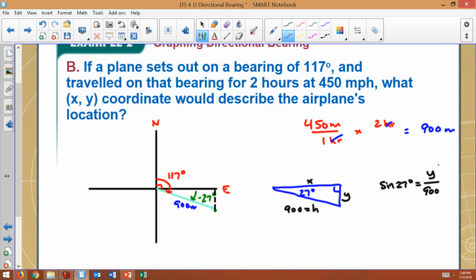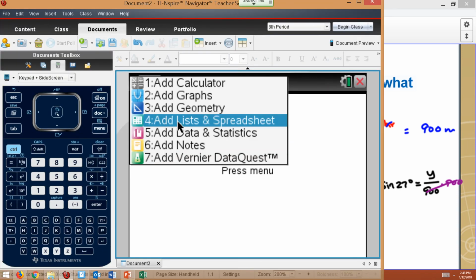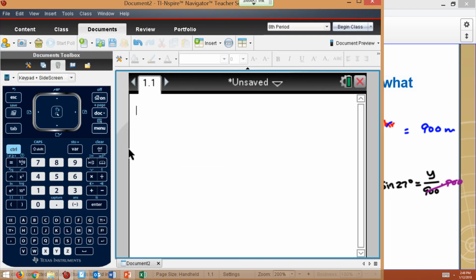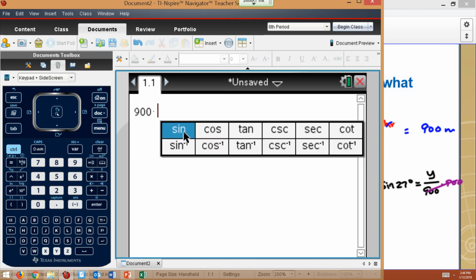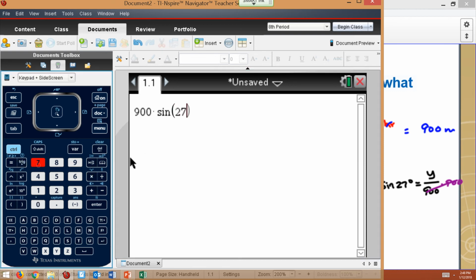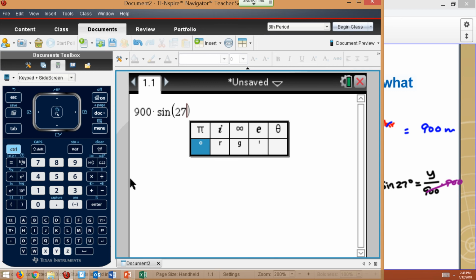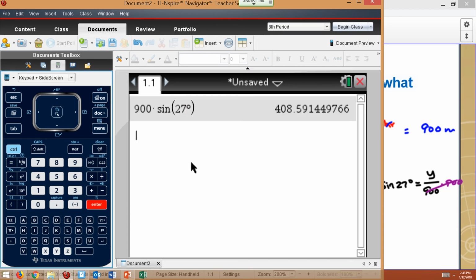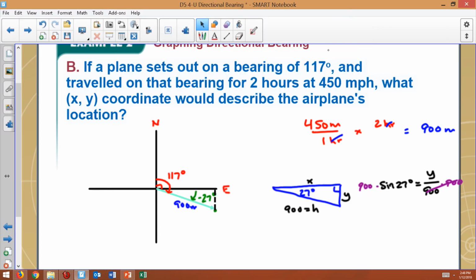So then I would just multiply by 900. And so this will be my answer. So I'll go to the calculator, and we're going to say 900 times trig sine of 27 degrees. I type that in, press enter, I get 408 point, we'll round to the nearest tenth, 408.6.